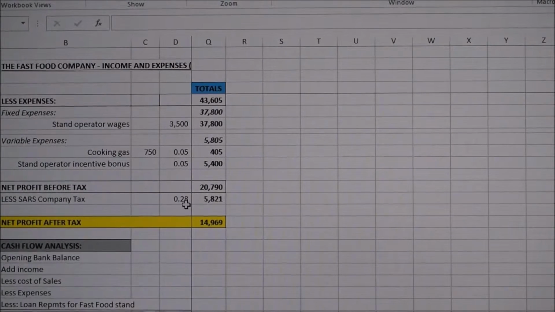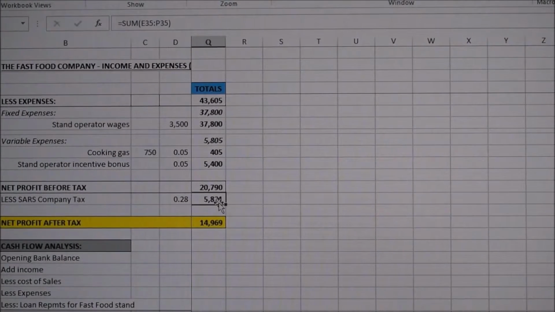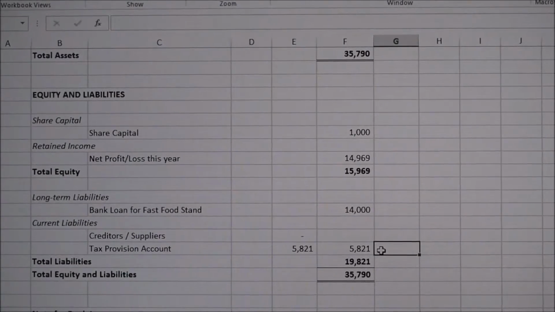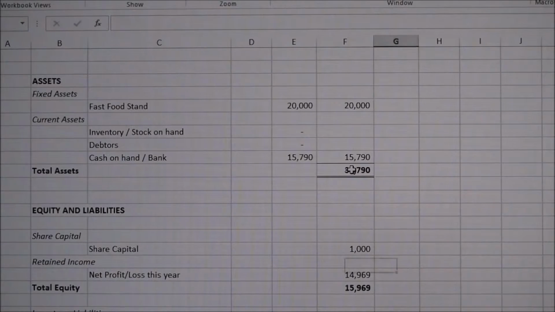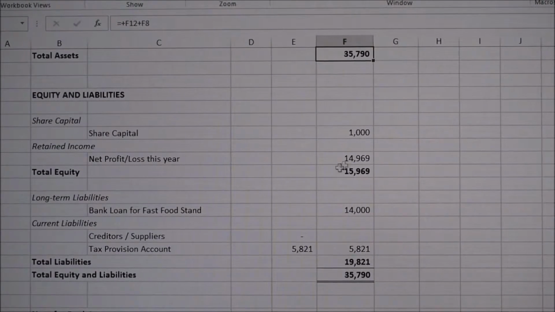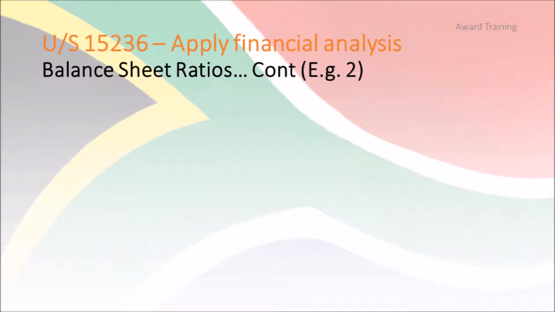And then 28% is calculated to give us the 5,821 Rand. This is the amount that we need to pay to SARS. So as you can see, our total assets amounted to 35,790, and our total equity and liabilities amounted to 35,790. So your assets and your equity and liabilities balance.